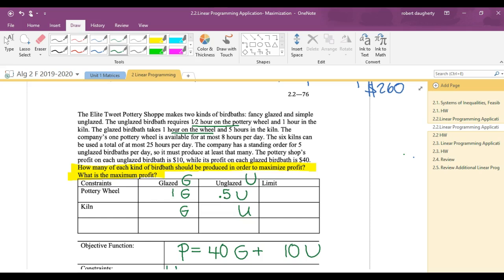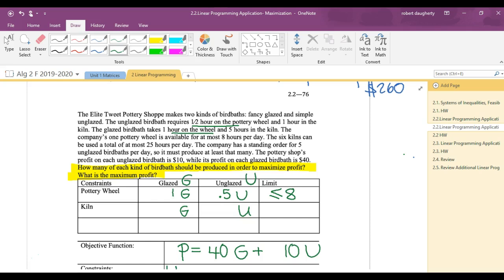And what's the limit on the wheel? It tells me that the wheel is available for at most 8 hours a day. So 8 is as big as it can get, no more than 8. Now let's look at the kiln.